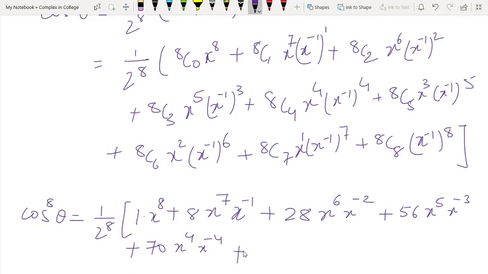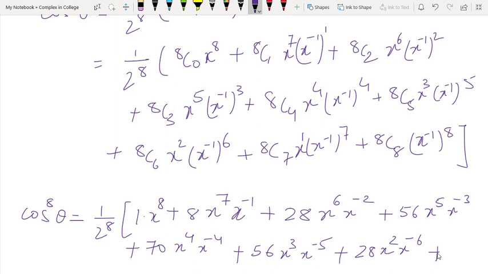Now all will be the reverse of it. Means 8C5 is 56, x raised to 3, x raised to minus 5. You just need to multiply minus 1 with the power. Moving further, there we have 8C6. 8C6 is 28, x square, x raised to minus 6.